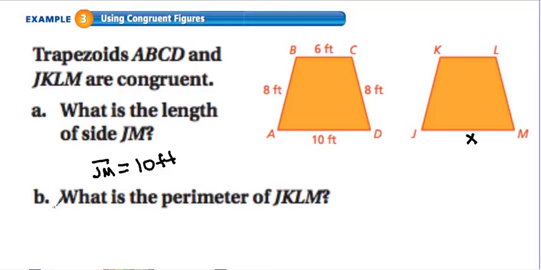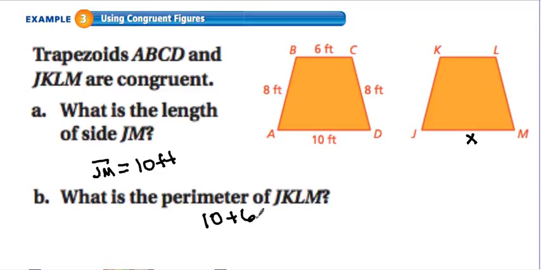So on part B, they want us to find the perimeter of JKLM. Well, we don't have any numbers, but we know that these two figures are congruent to each other, so that means we can find the perimeter of ABCD, and that will also be the perimeter of JKLM. I know that's a lot of letters. So if you find this perimeter, that means add up all the sides.